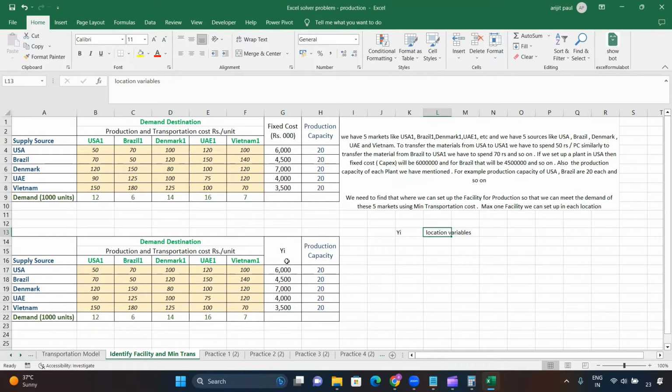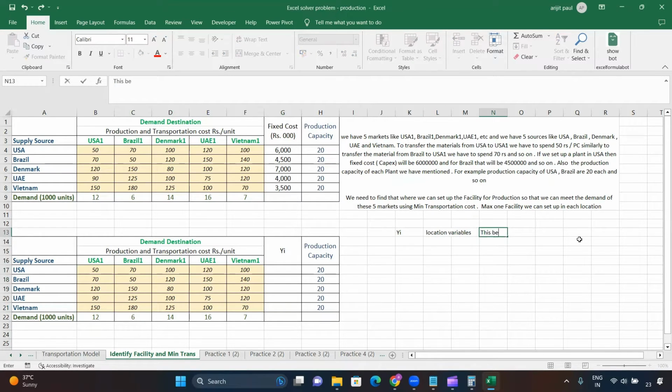Okay. So here we are going to find out where we need to set up the plant or the facility to cater to the demand of this market, considering all the input parameters and the constraints.